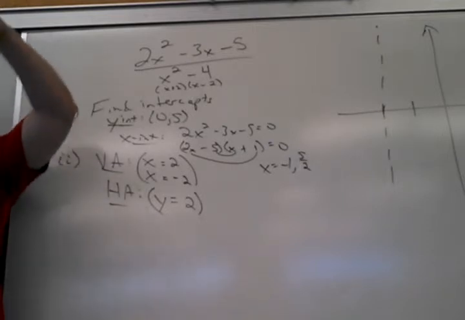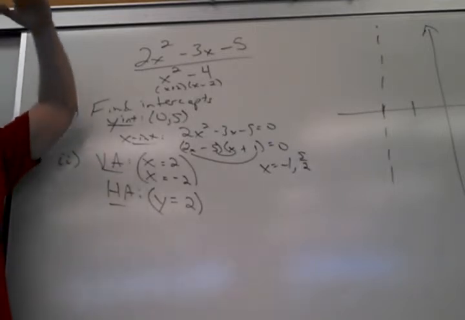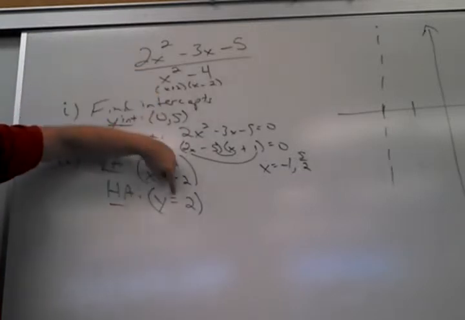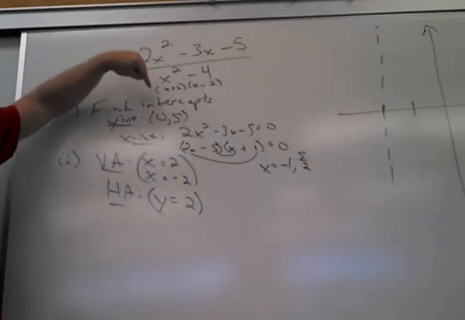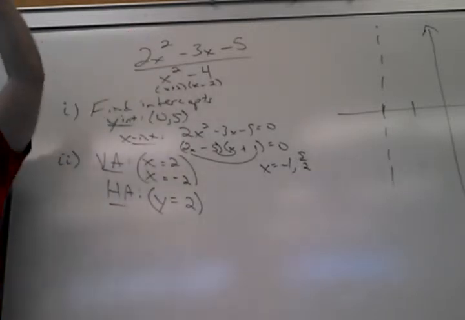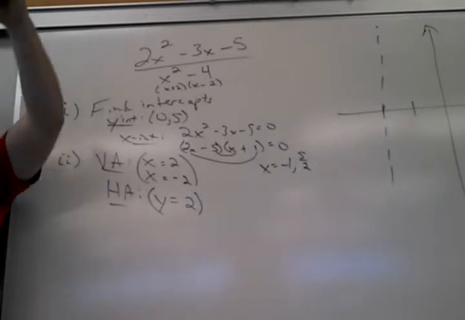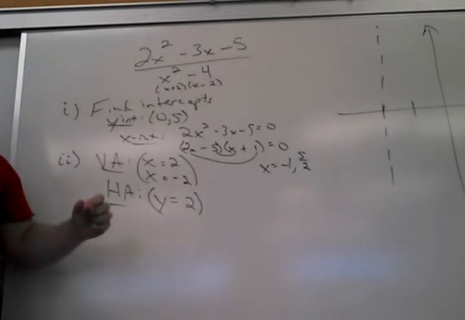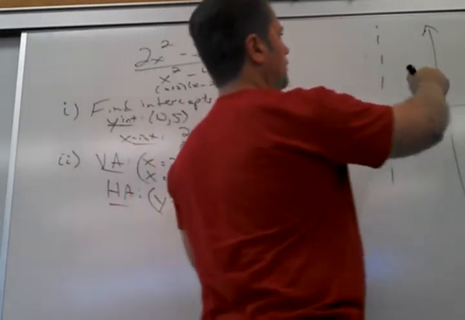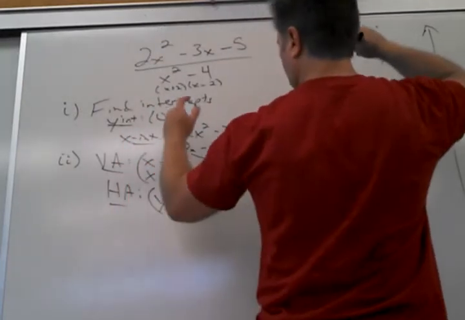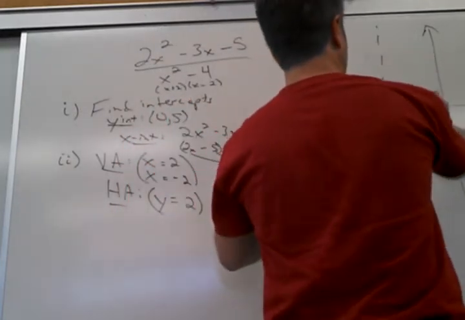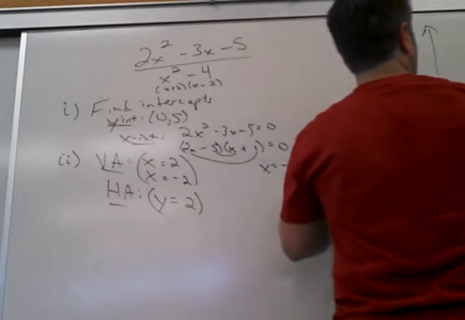I don't know exactly yet what my scale should be for the y-axis. I know that I have a y equals 2 horizontal asymptote. I know I have a y-intercept at 5. But I don't know really what my scale needs to be to capture some stuff. So let's see, for example, I know that my x-intercepts are at negative 1 and 5 halves.